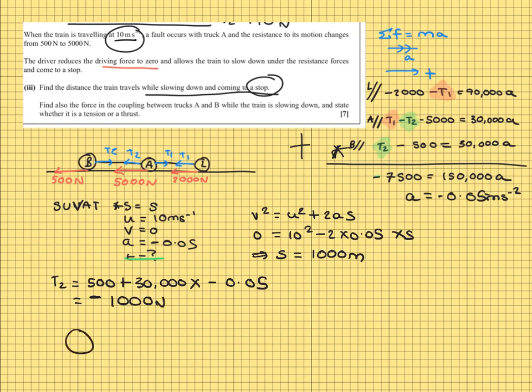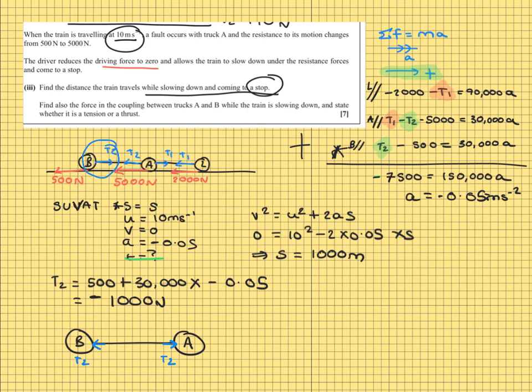Now, remember the connection between object B and object A. We defined going to the right as positive, and the tension force that we drew on object B was in that direction, but T2 has worked out to be negative 1,000 newtons, which means that the force T2 acting on B must be in the opposite direction, and there is an equal and opposite force acting on A, which must actually be in this direction.